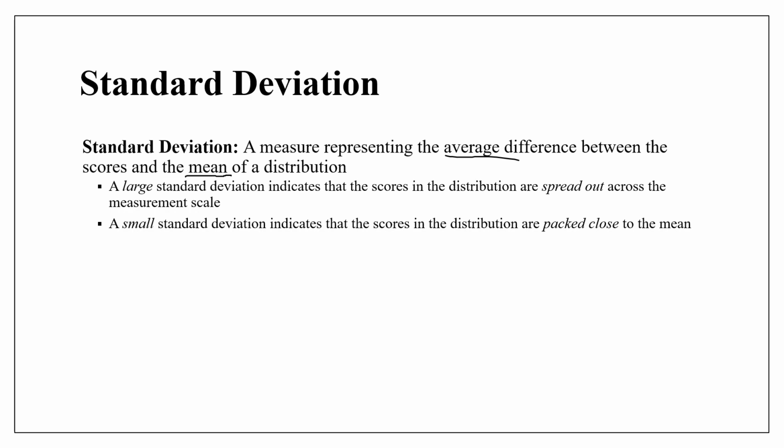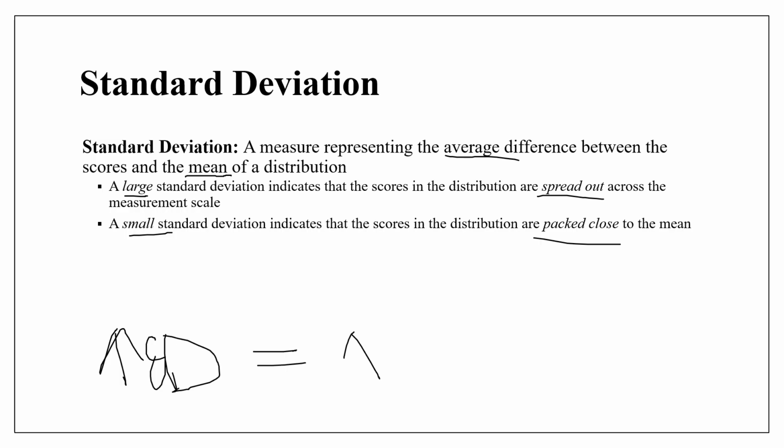A large standard deviation will mean that the scores are going to be spread out, and a small standard deviation is going to indicate that the distributions are packed close together or closer to the mean. So what this means is that, in terms of variability, high standard deviation is going to equal high variability.